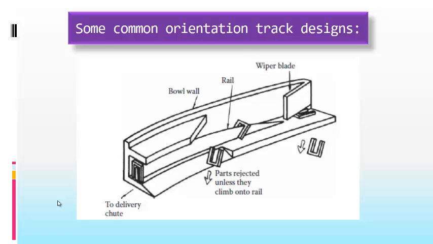In this he used a rail, and the rail will make the part climb. At the same time he used two different types of wiper to keep the part on the rail.